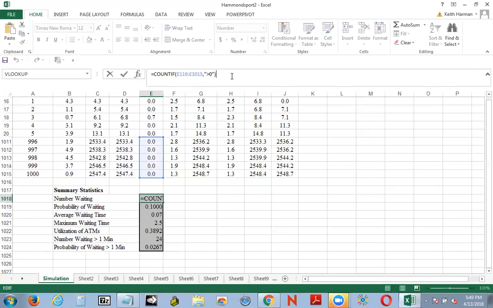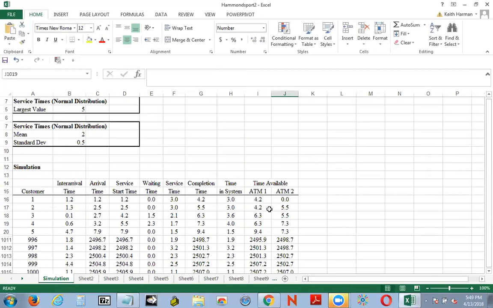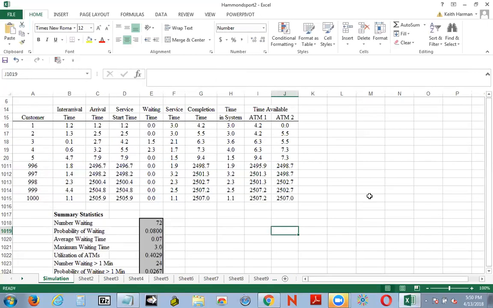So if E116, and we'll scroll up here to E116, is greater than E105, then we count it. And we use the COUNTIF number.